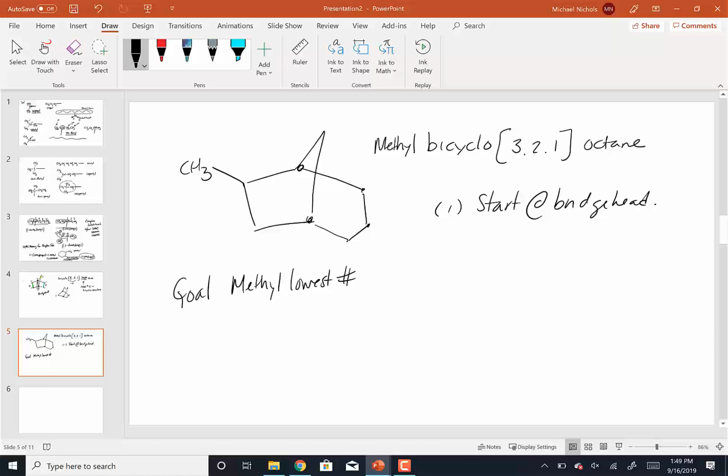Okay, well I got 2 of those. And I can go left or right off of each one of those, so that's 4 possibilities, so I need another rule. Remember, my goal is to get the methyl the lowest number.